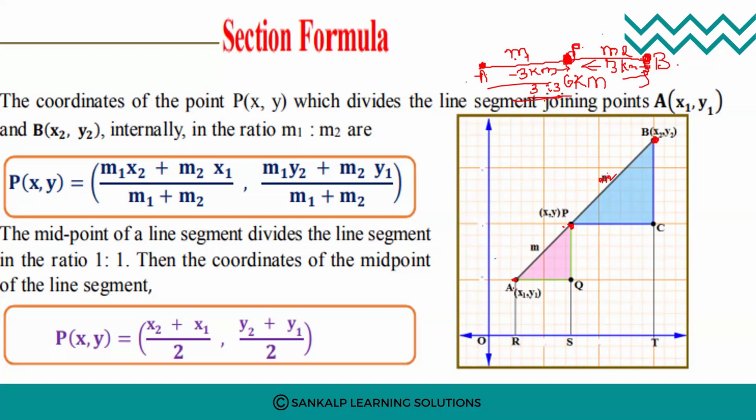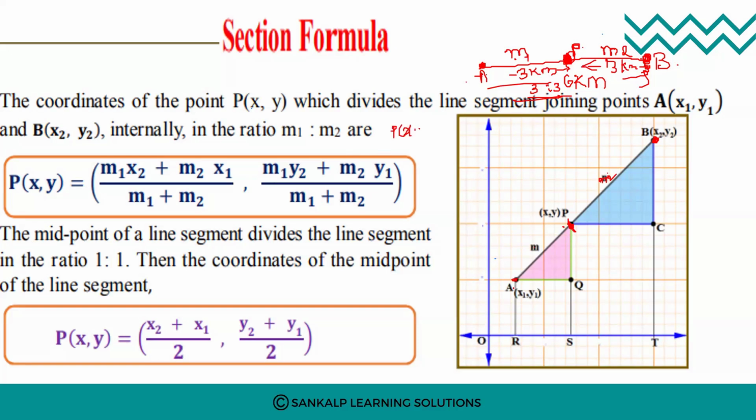So m1 is to m2, that means this P divides the line in the ratio m1 is to m2. Then you will get the formula P(x, y) is equal to (m1x2 plus m2x1) divided by (m1 plus m2), (m1y2 plus m2y1) divided by (m1 plus m2).